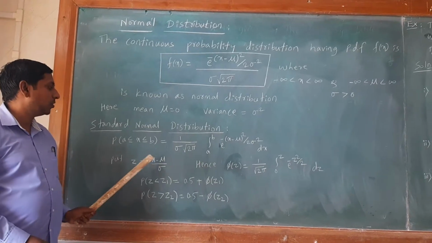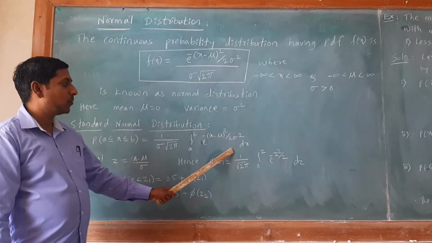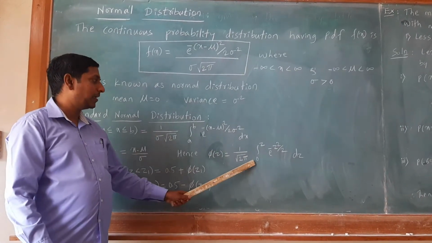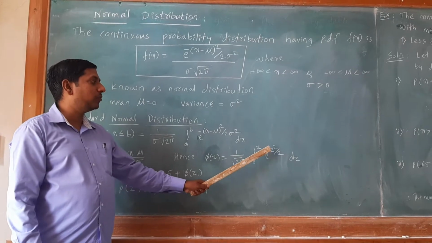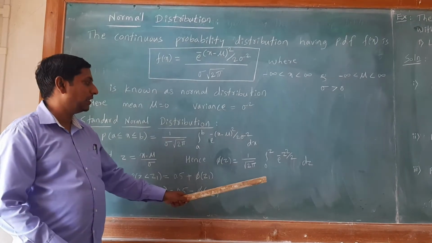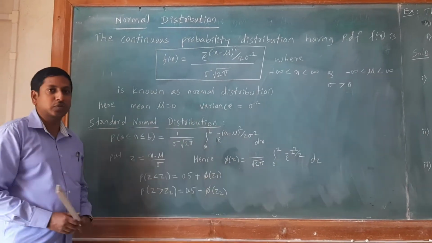After substituting the z value and integrating, finally you get the formula as 1 divided by square root of 2 pi, integration 0 to z, e to the power minus z square divided by 2, into dz. So this formula is again called the normal distribution.